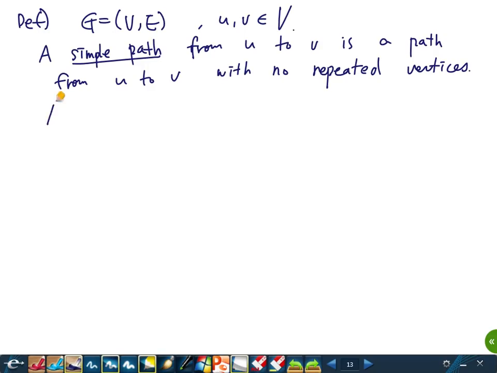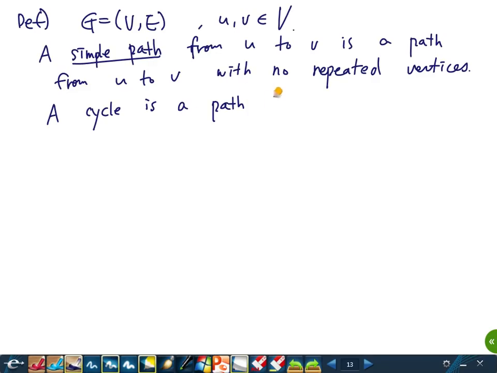And also a cycle. So here U and V may be the same. What is a cycle? It is a path where the starting and ending points are the same. But a path of length 0, which is just staying there, we don't say that's a cycle.